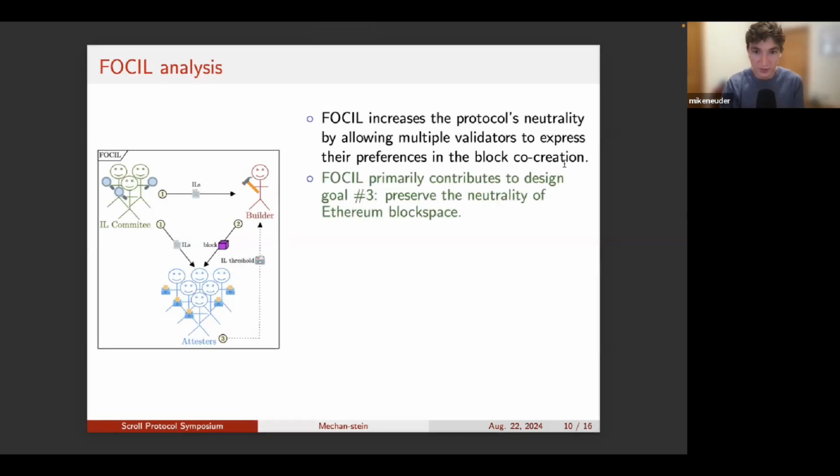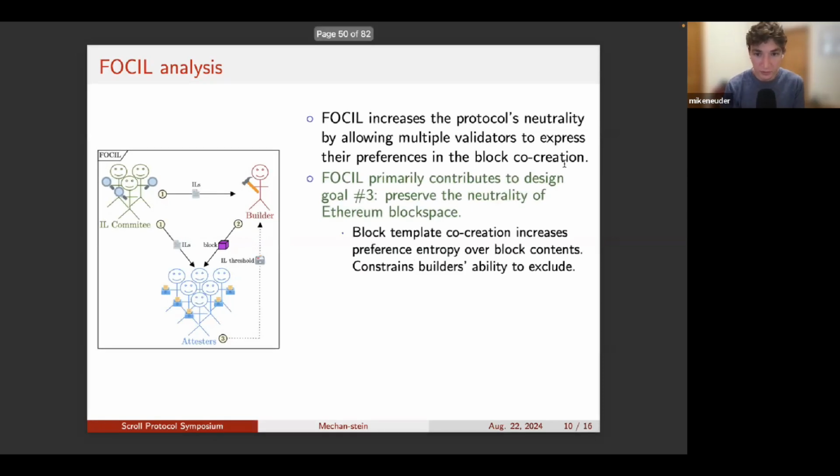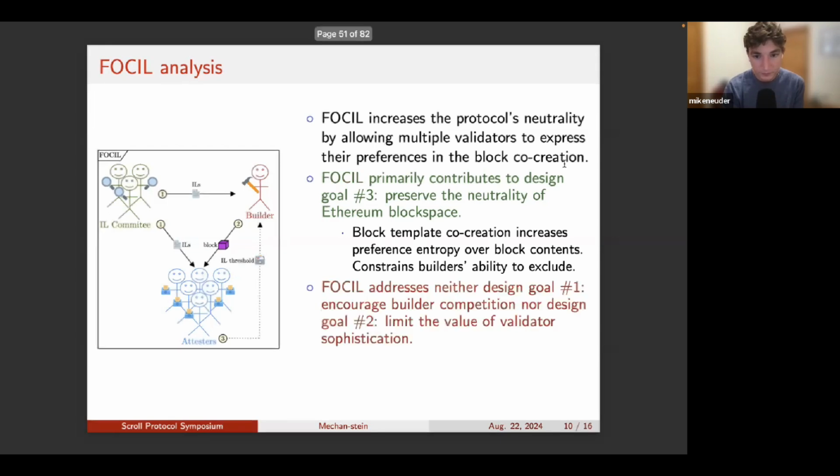As I mentioned, this is primarily for preserving block space neutrality. And the important thing is that last sentence, which says it constrains the builder's ability to exclude arbitrarily. Functionally, I see that as the most important property that it builds for.